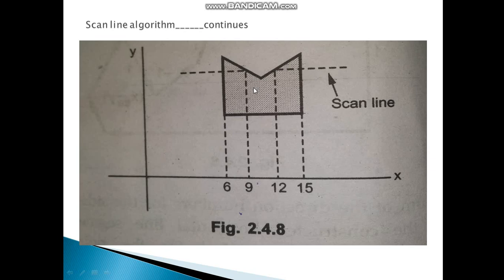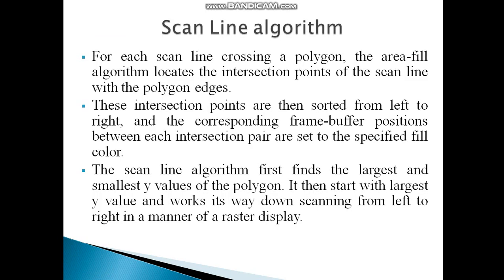In this algorithm, we draw a scanline through the whole polygon. Then the intersection points are sorted from left to right, and the corresponding frame buffer positions between each intersection pair are set to the specified fill color.